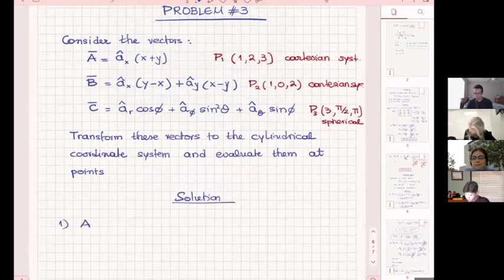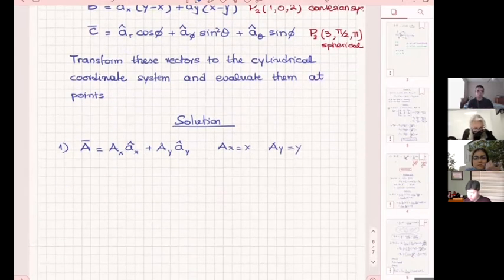Let's take A. A has two components, where A sub x equals x, A sub y equals y.